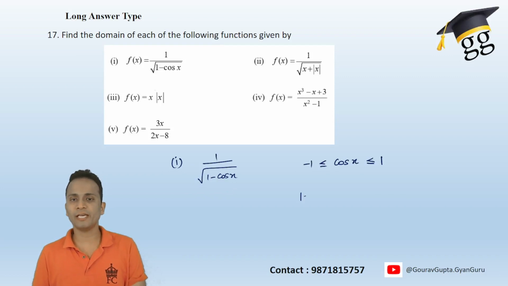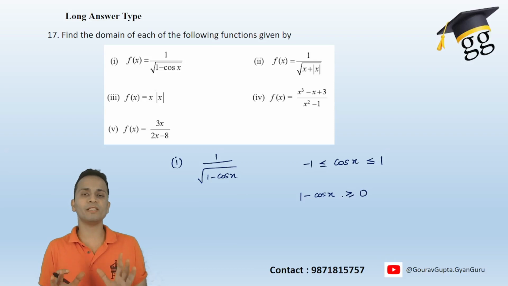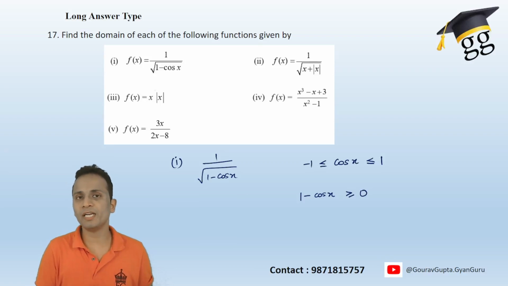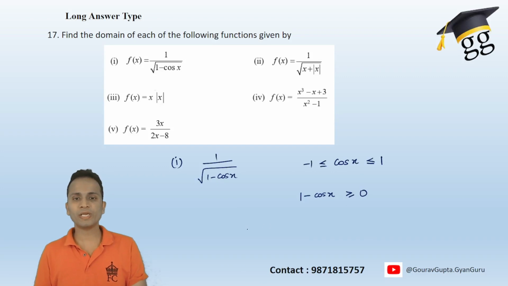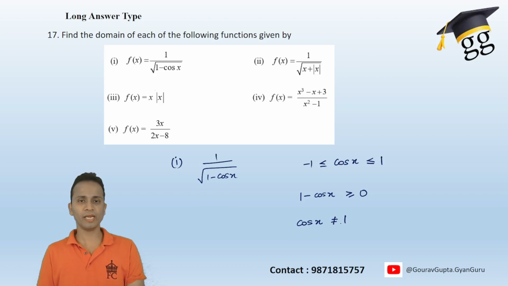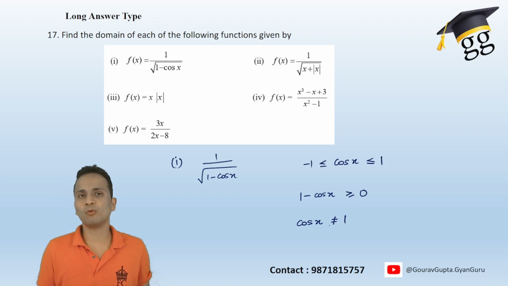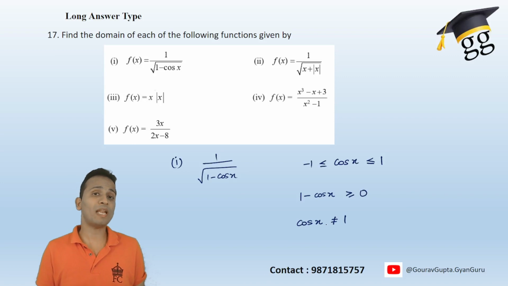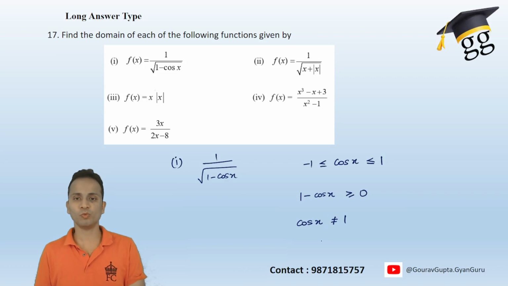All right, fine. So 1 minus cos x will always be greater than or equal to 0. That is clear. So inside the under root the value is greater than or equal to 0, but since the denominator cannot be equal to 0, we can say that the value of cos x should not be equal to 1. Now when is cos x equal to 1? At what values of x is cos x equal to 1?